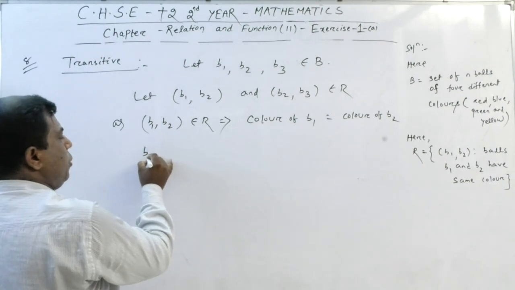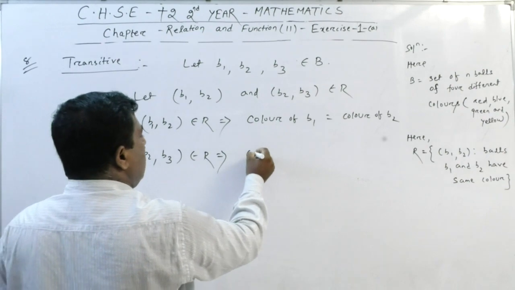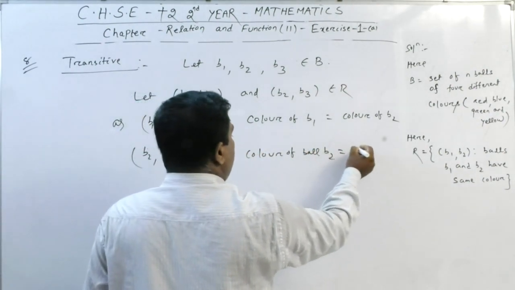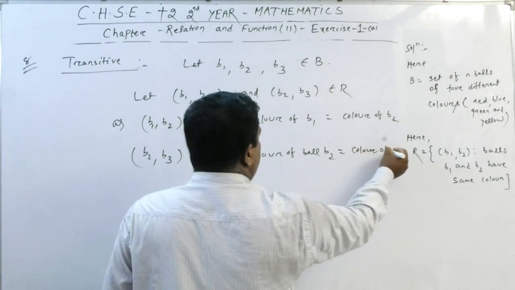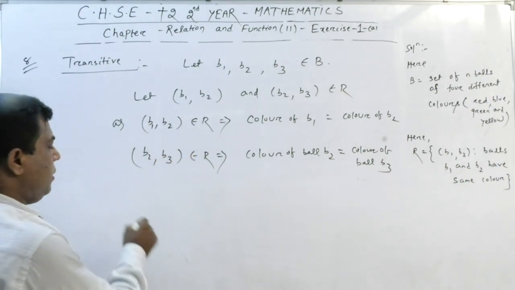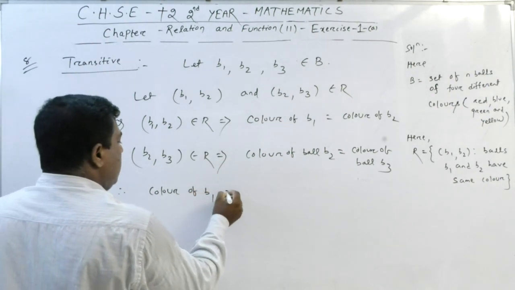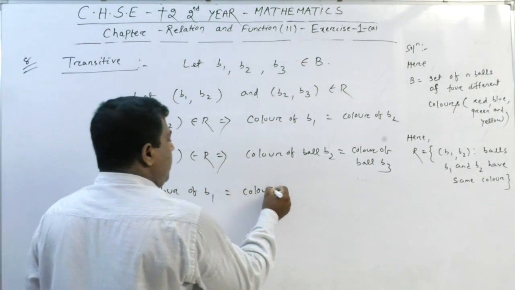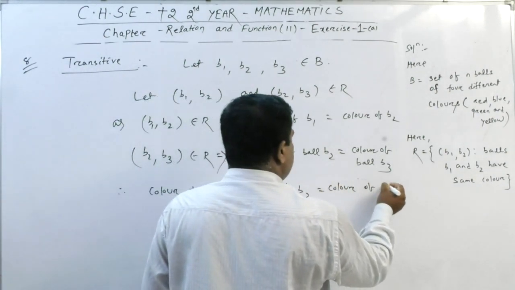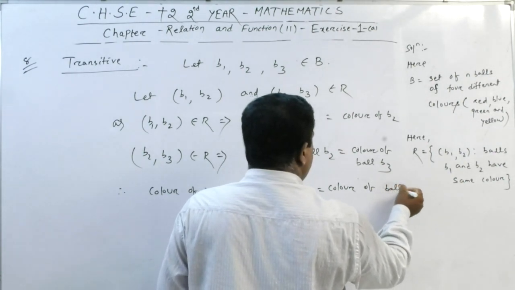As (B2, B3) belongs to R, it implies the color of ball B2 is equal with the color of ball B3. So we can say, therefore, the color of B1 is equal to the color of B2, which is equal with the color of ball B3.